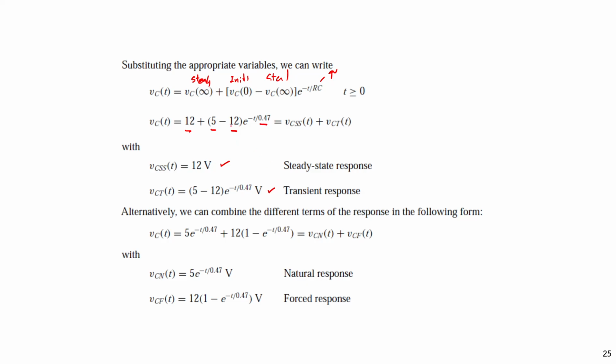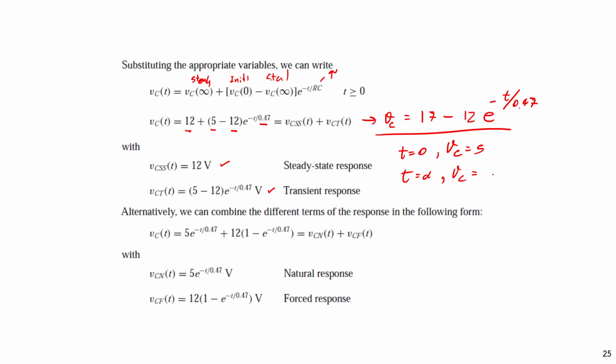When t approaches infinity, this term approaches 0, and we get 12 here. Or we can just rearrange this in general form: 12 minus 7 e to the minus t by 0.47.